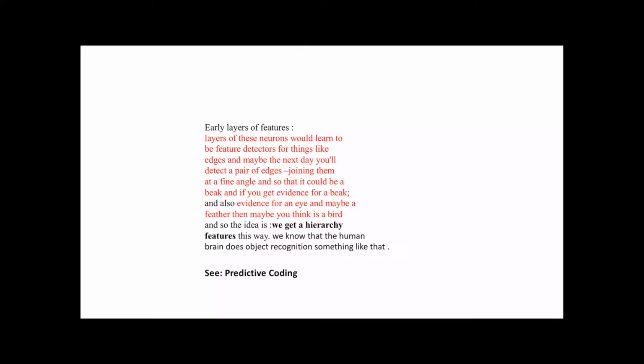So the idea is we get a hierarchy of features in this way. And we know that in the human brain, object recognition turns out to be exactly similar to this. In V1, in the visual cortex, certain features of the image are detected, in V2 other features, and eventually the image is composed in higher layers of the visual cortex.